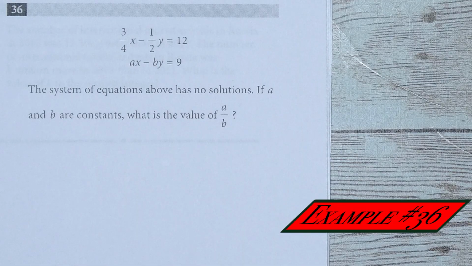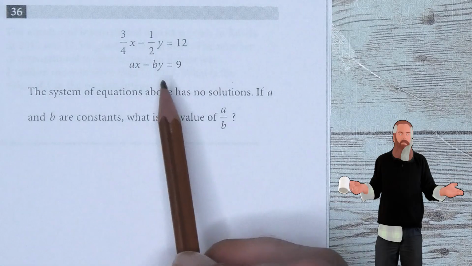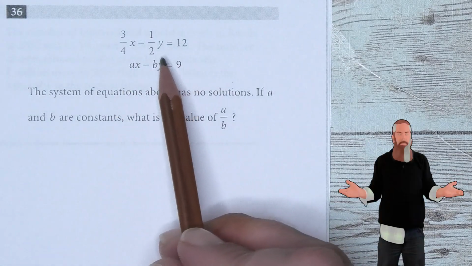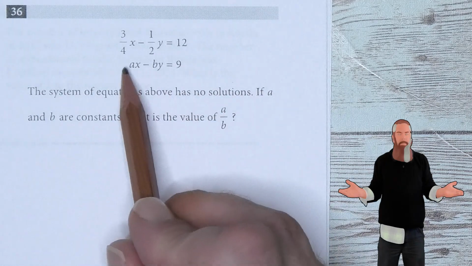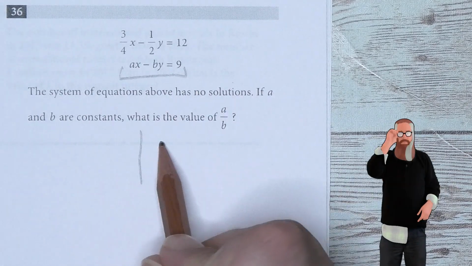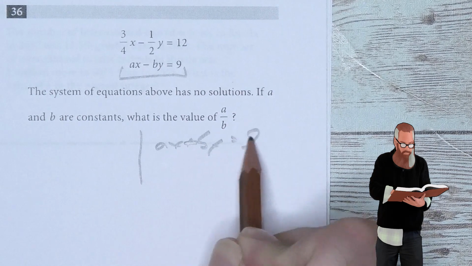The system of equations above has no solution. If A and B are constants, what is the value of A over B? Let's start by turning both of these into y equals functions so that we can do a substitution. Looking at this one, I would get ax minus by is equal to 9.